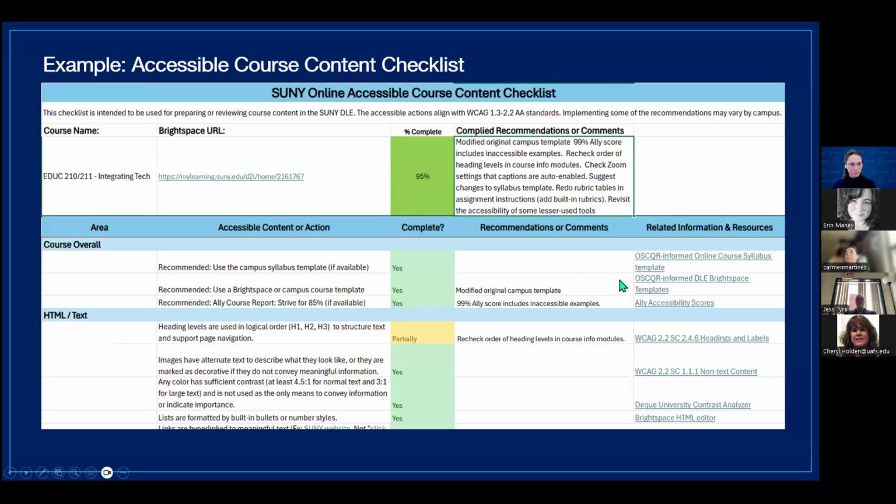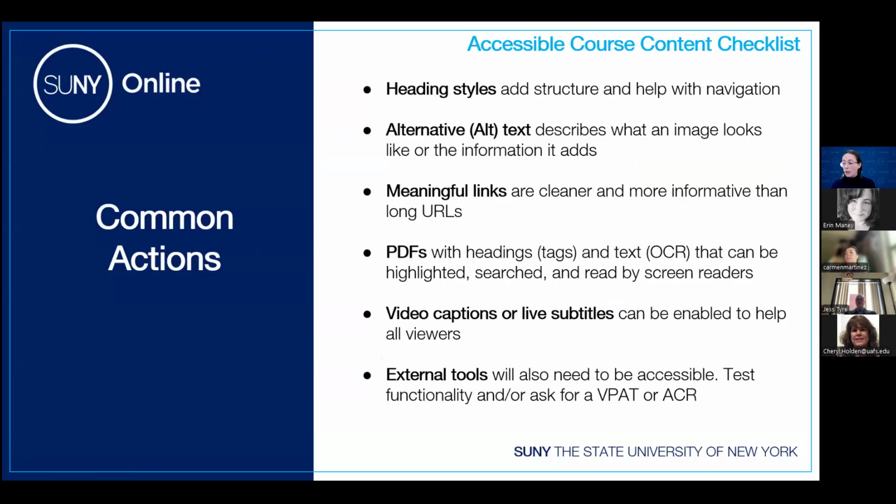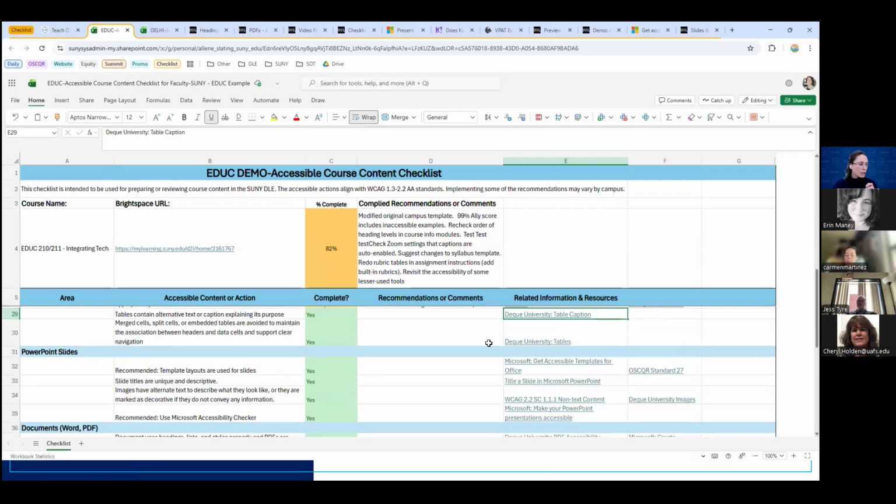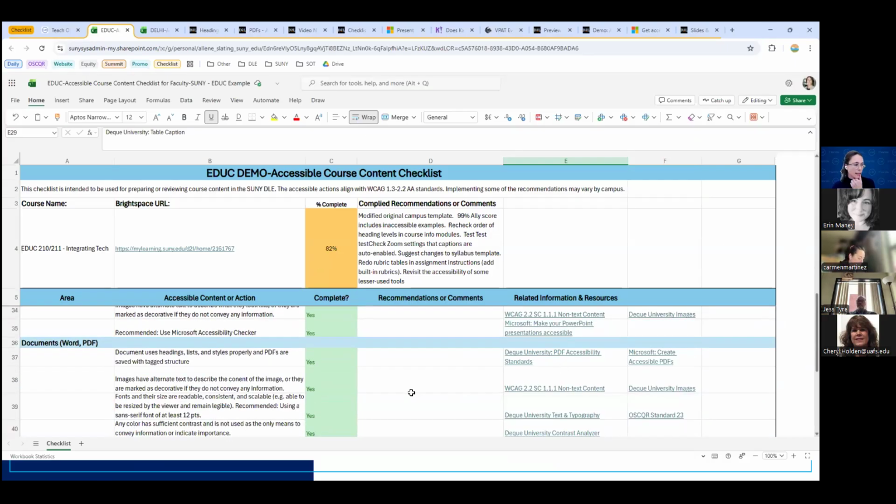All right. So let's talk about some common actions. The checklist is to help track the things that you want to take a look at, the things that you might need. And let me also point out one thing that I think is important.